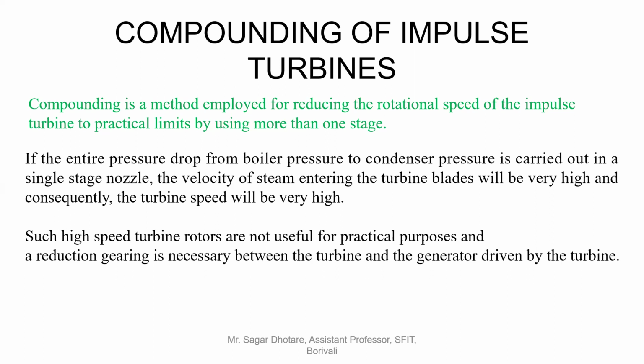as the velocity is directly proportional to the pressure drop, and this can produce a rotation speed of up to 30,000 rpm, which is too high for practical usage.